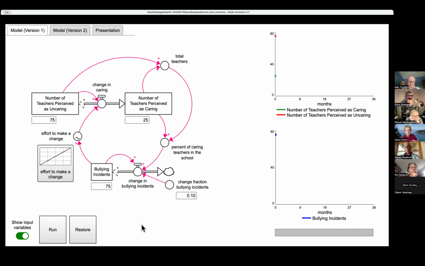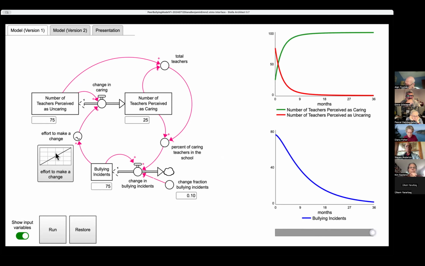And so when we run this, it's very simplistic. Because of this graphical converter here, everything happens in a positive way. We have fewer bullying incidents. All teachers become caring. And so it was a start.